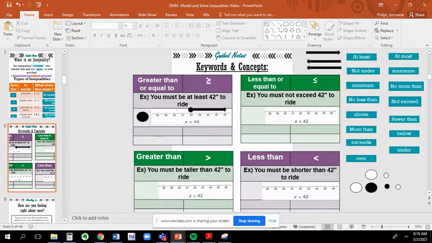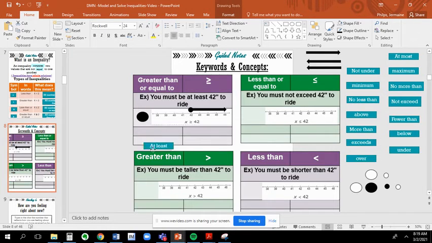Some keywords to let us know that this is going to be greater than or equal to. When you see the words at least, that means greater than or equal to, okay?